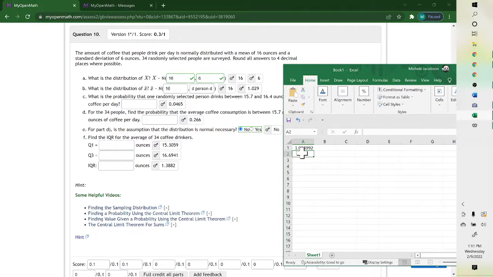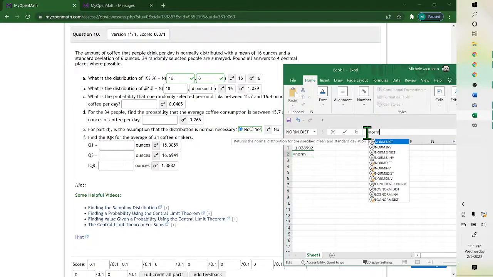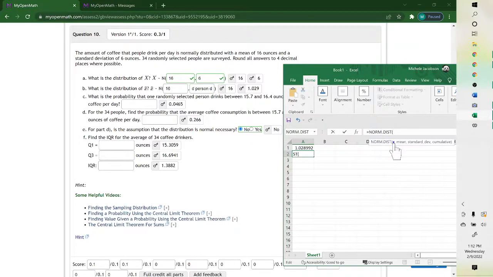So if we find one now, I'm going to click here and put equals and type norm. When you want a percent, it's the first one. If you have a percent, then it's the second one, which gives you the number. When you double click on it, it tells you what to put.